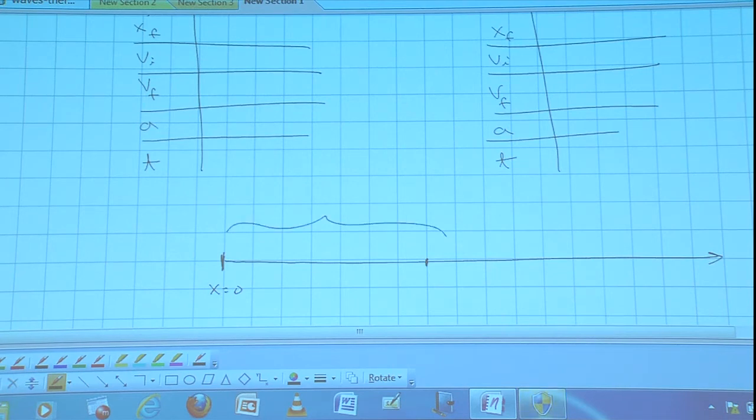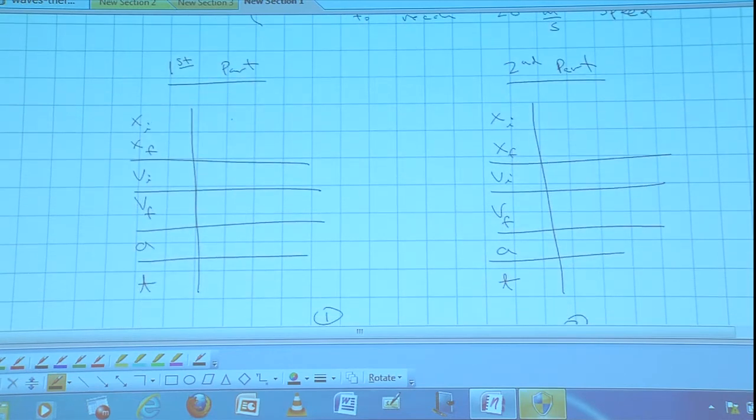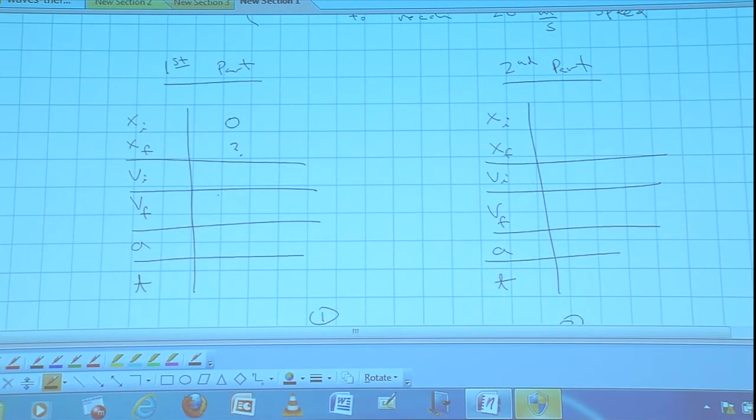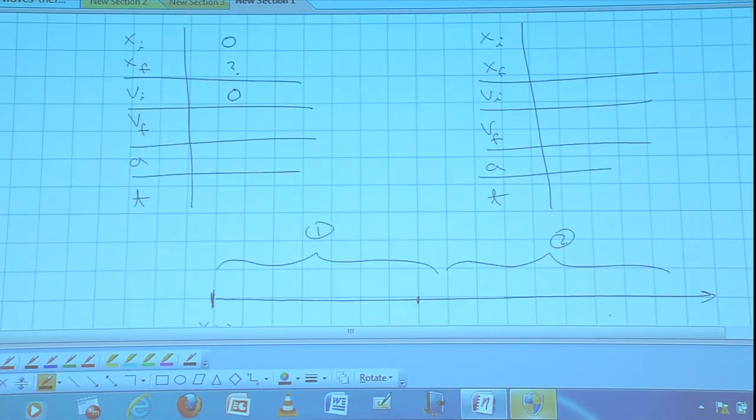We don't know what that point is yet. So we start at x equals 0, we don't know how far the car goes. Initial speed 0, and we'll call that our positive direction.